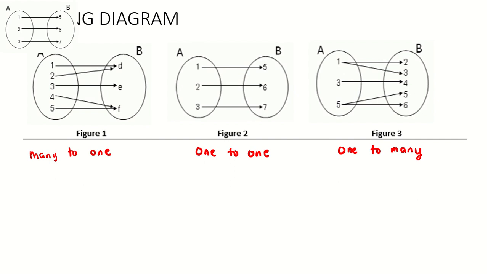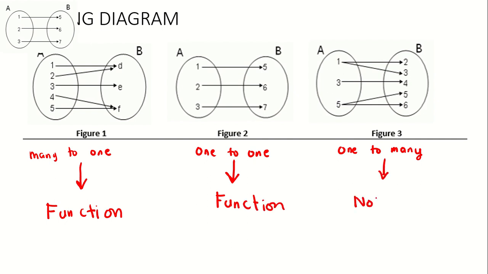So in our three figures, only figure 1 is a function because that is a many to one. Figure 2 is a function while figure 3 is not a function because our domain is already mapped with two ranges.